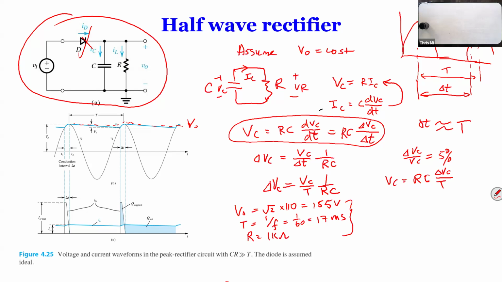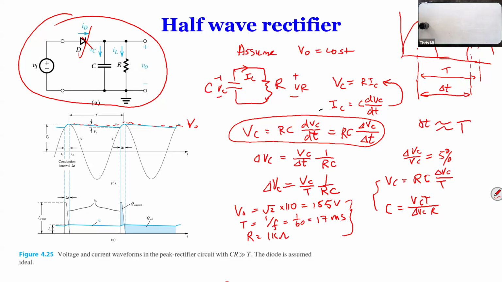So we want to find C. From this equation, we just move terms to this side. So C equals VC times T over R delta VC. And then divide by R. So yes, this equation is correct.